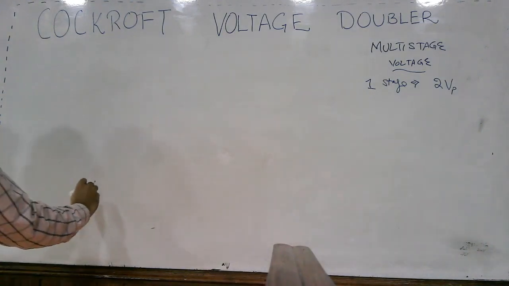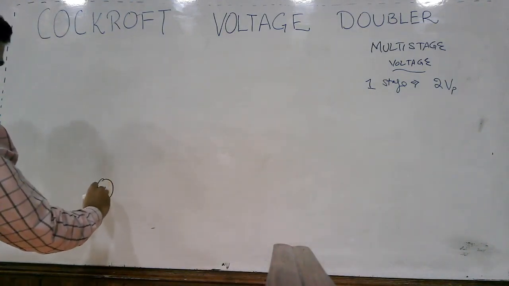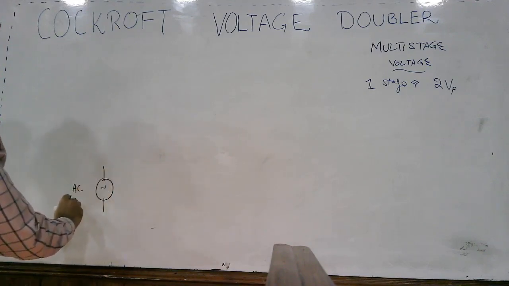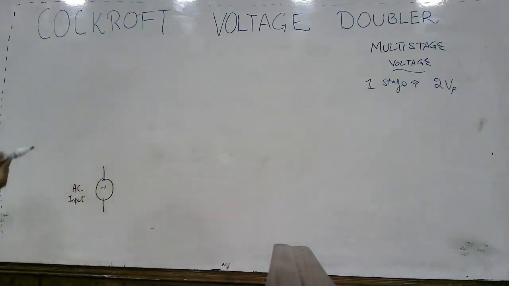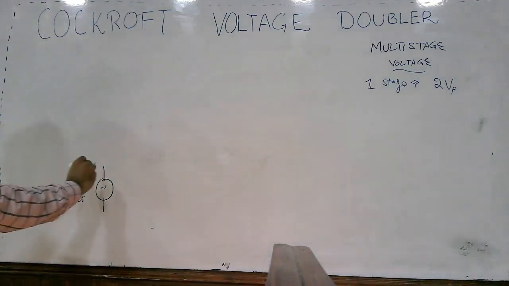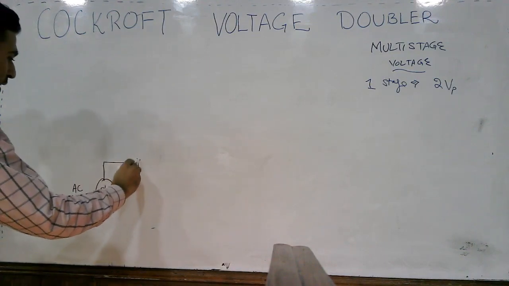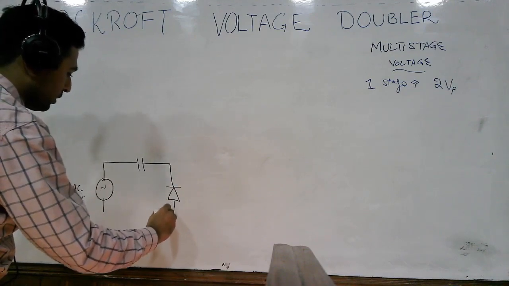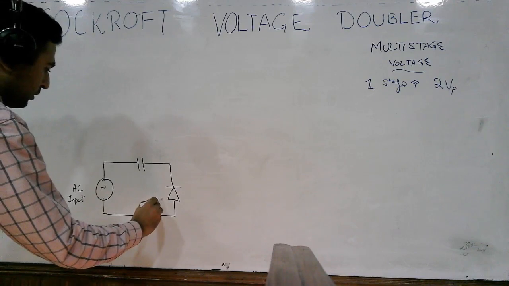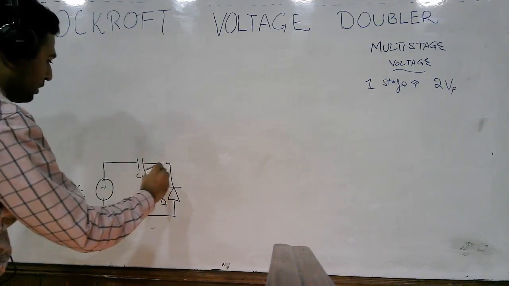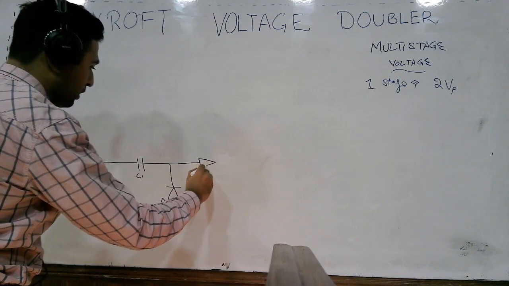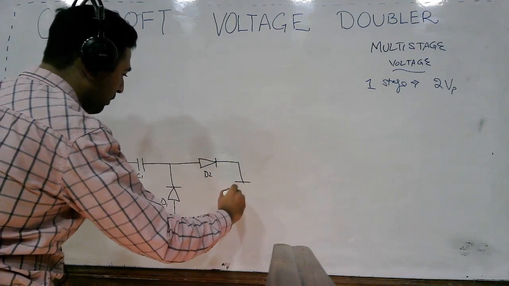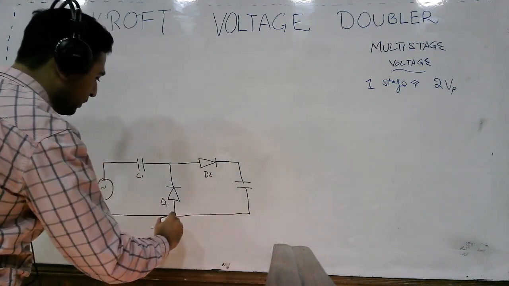Okay, so let's start from scratch. This is your AC input, and you should be well aware of the circuit of the single stage. Here you had a capacitor C1, a diode D1, then a diode D2 and the capacitor C2.